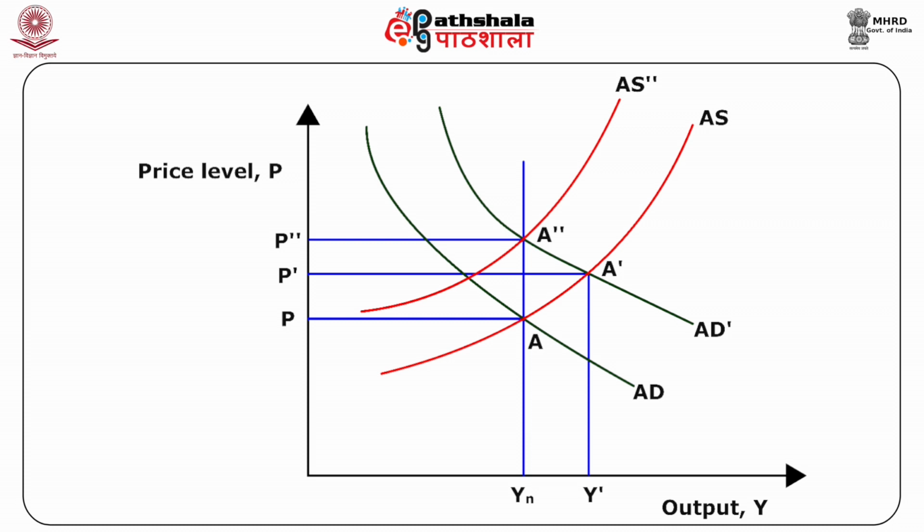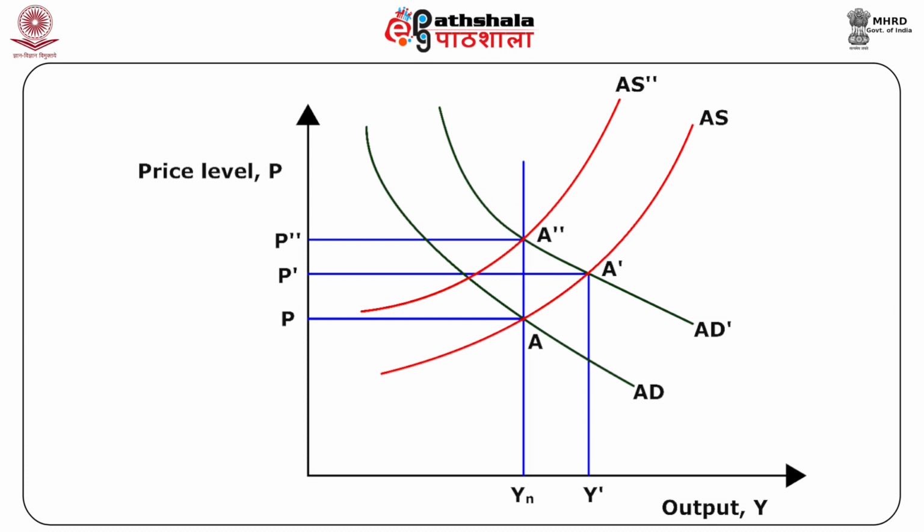The economy moves up the new AD curve, that is AD dash, and the adjustment process continues till the output returns to the natural level of output.